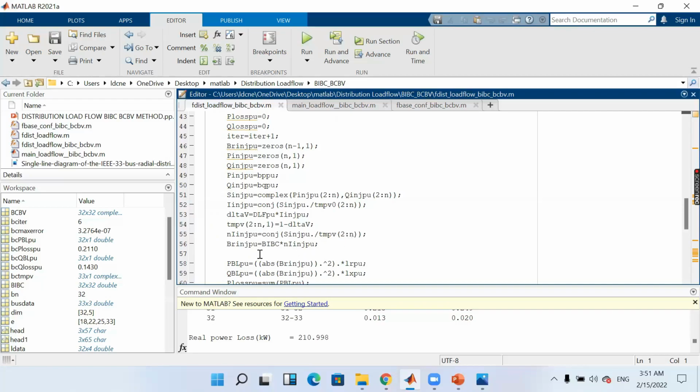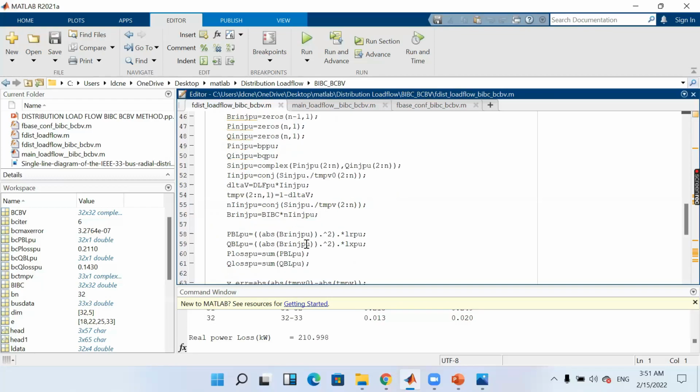And the branch currents can be calculated using BIBC into current injection. Now the corresponding active power loss and reactive power loss can be easily found from the formulas I squared R and I squared X. And the total active power loss can be found by the summation of those branch losses.